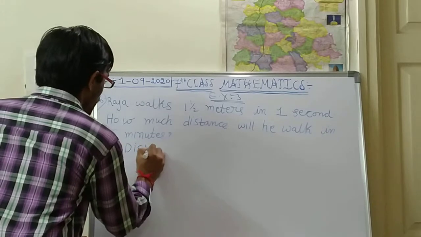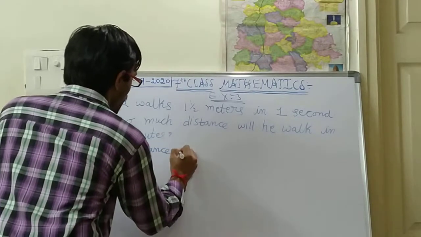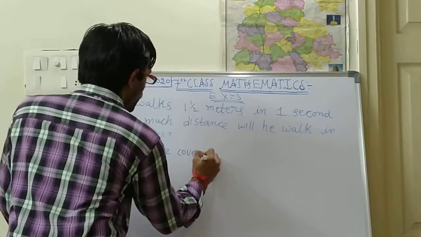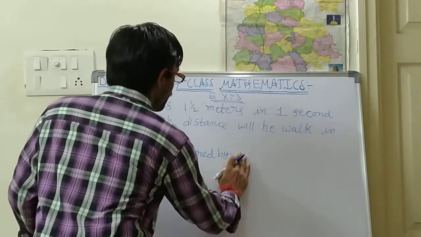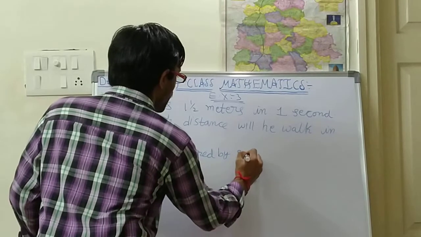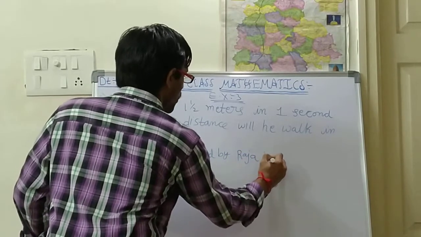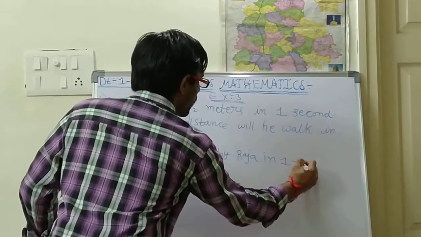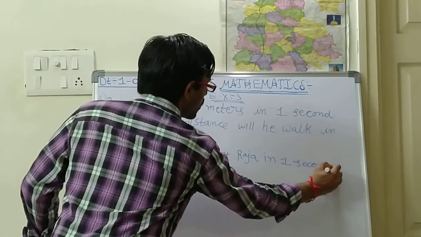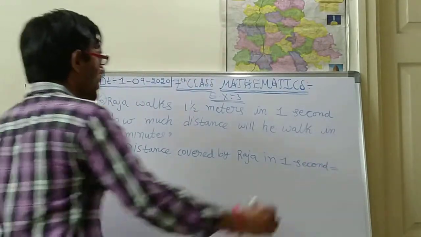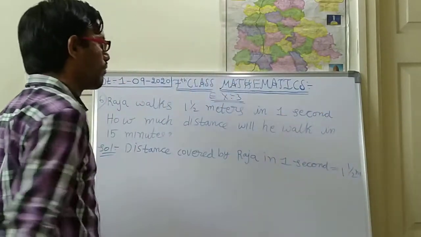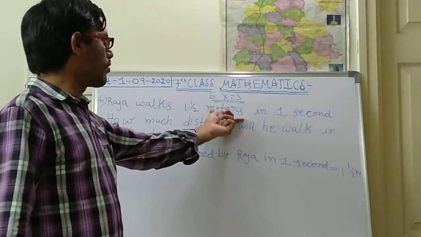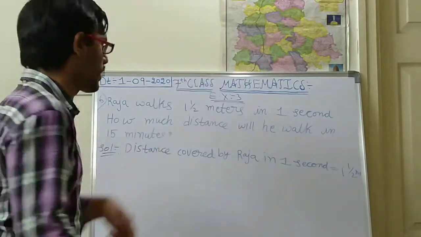Distance covered by Raja in 1 second. So how much distance he covered, children? 1.5 meters. So he covered in 1 second 1.5 meters.